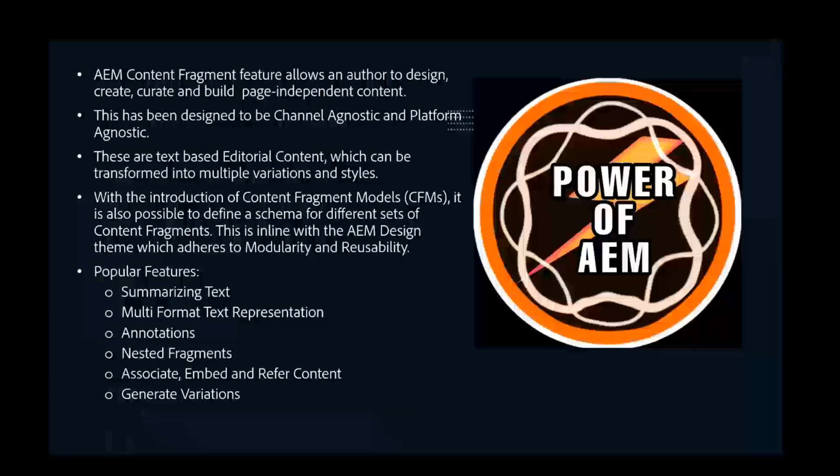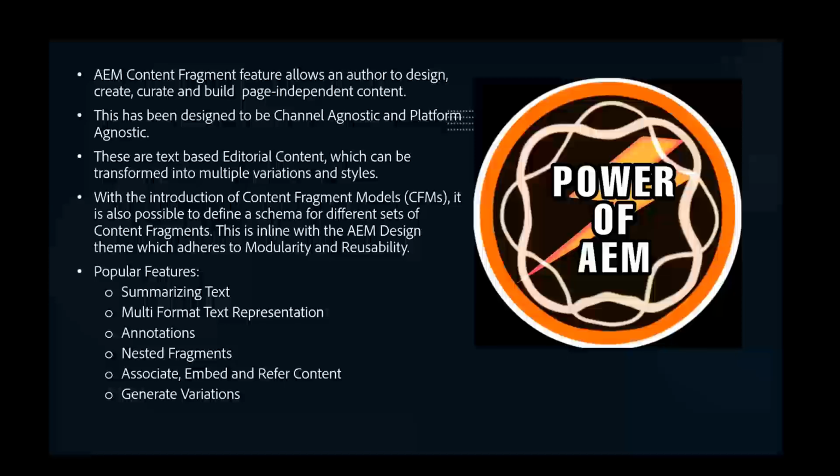Referring to content is also one of the features where we can refer to any of the assets available in the AEM hierarchy as well as reuse any existing fragment. Generate variation is also one of the powerful features where we can generate AI enabled content based on the inputs that we are providing.